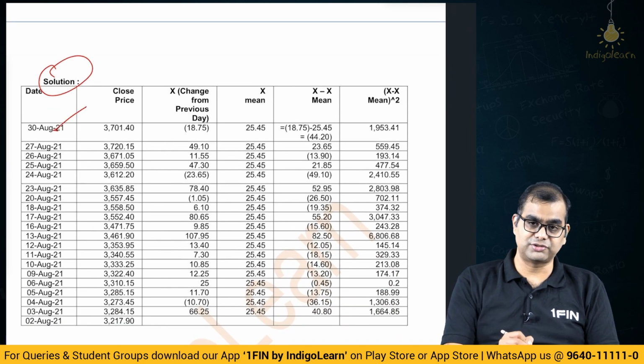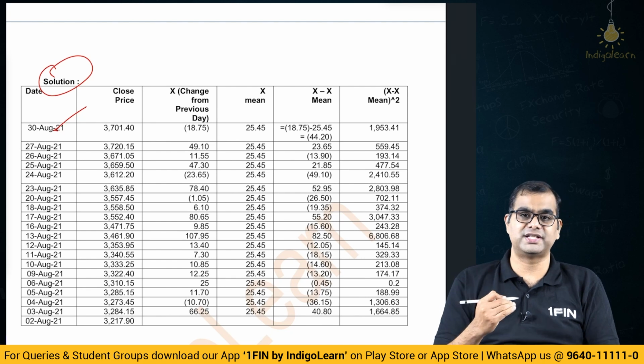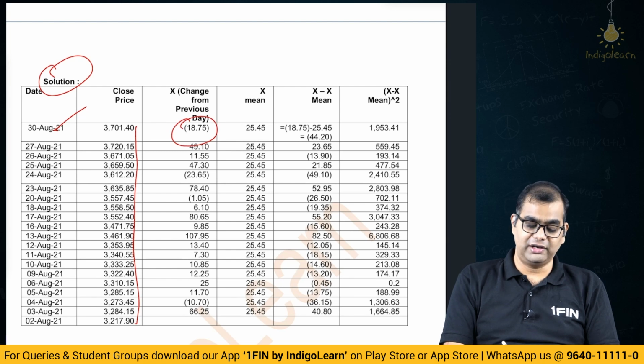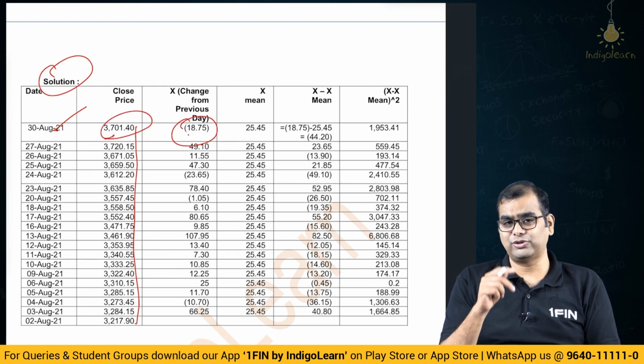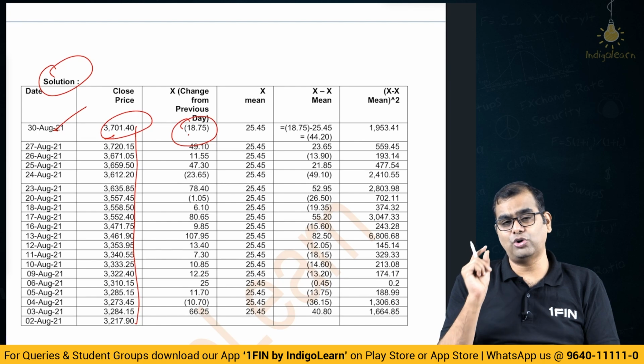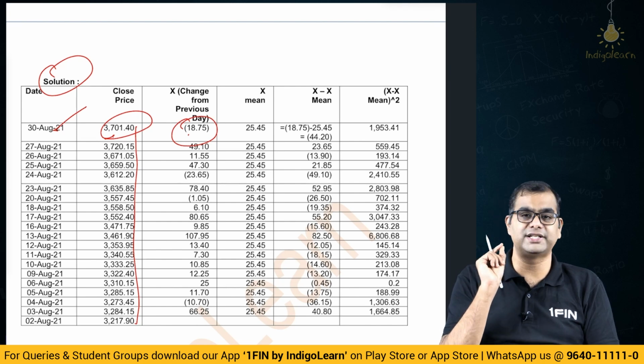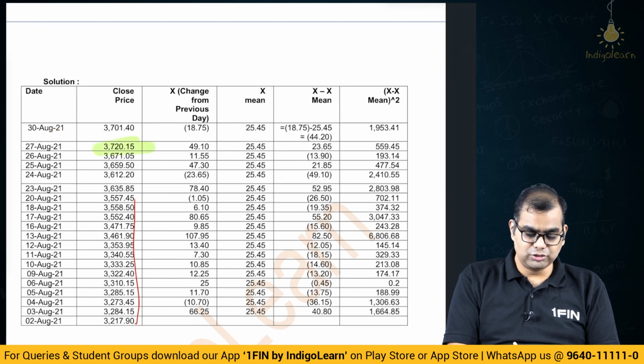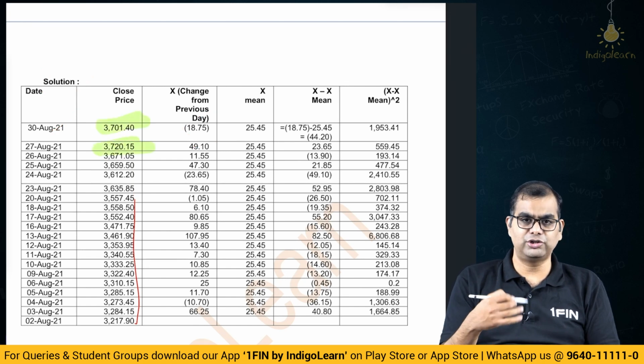That is, the 30th comes on top because it is dependent on the previous day's price. So, you first take all the closing prices and the change from the previous day. You always figure out the change in absolute terms. Now, in this particular question, they took the absolute change. When you do the autocorrelation test, you actually do it on a percentage basis. You don't do it on absolute change. So, see here 3720 and 3701. From 3720 to 3701 it has fallen.